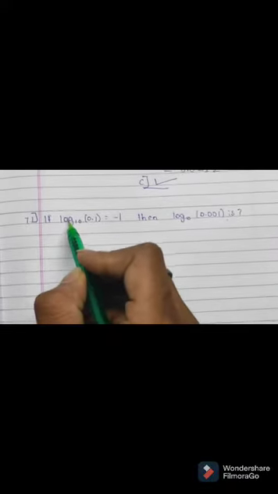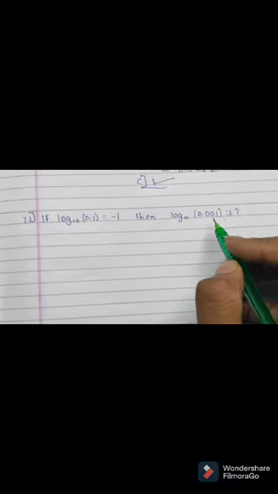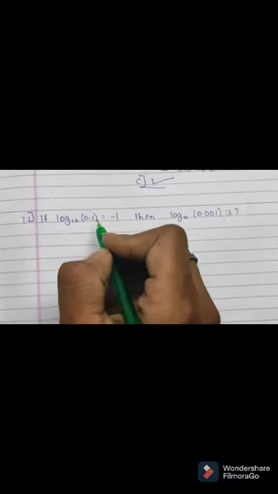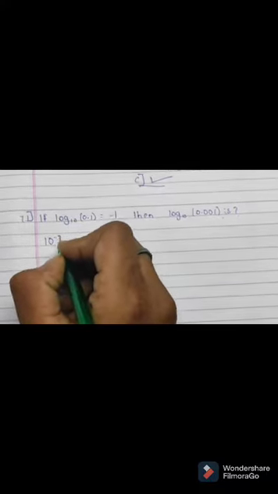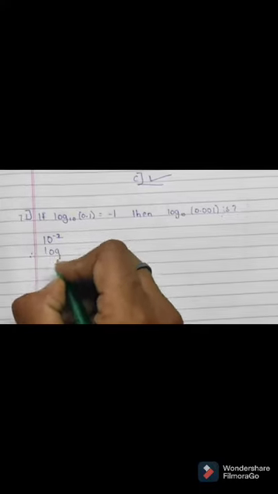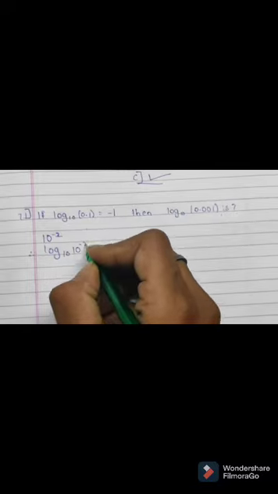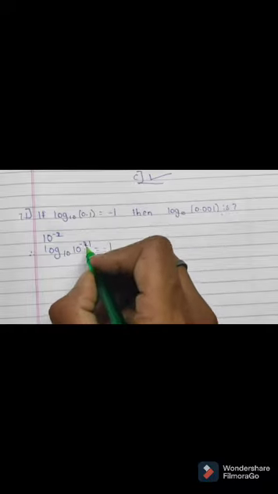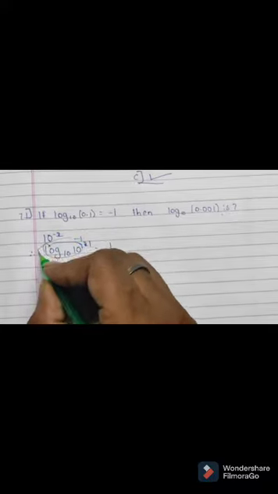So here we need to find the value of log 0.1 to the base 10, which equals -1. So we need to find the value of log 0.001. We know that 0.1 can be written as 10 raised to -1. Therefore, the value of log 10 raised to -1 to the base 10 is -1, as this becomes 1 and the -1 power comes here.